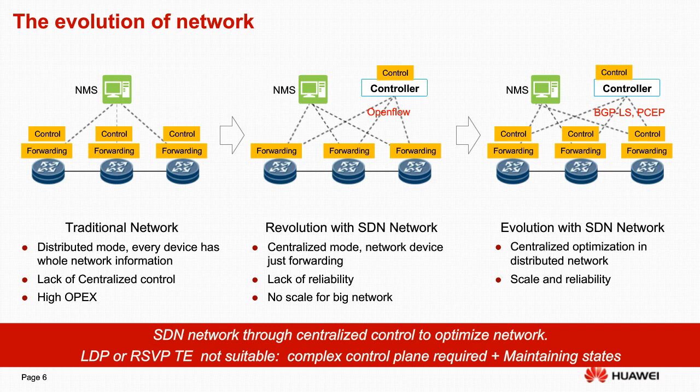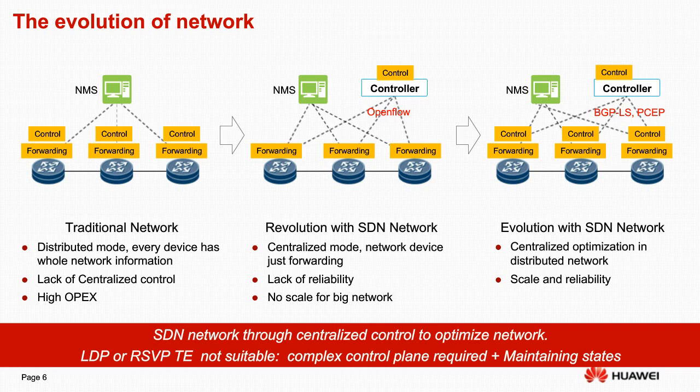But in the third one, each node still has its own control, so we can deploy more local convergence functionality. Just like TI-LFA, each node, based on the whole topology, calculates how to protect against link failure or node failure. Yeah. Okay, good. Thanks for that explanation.